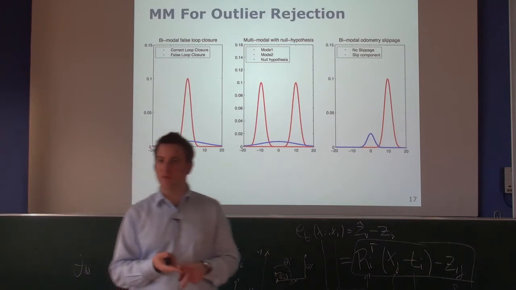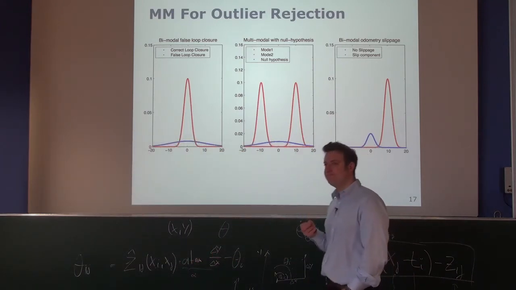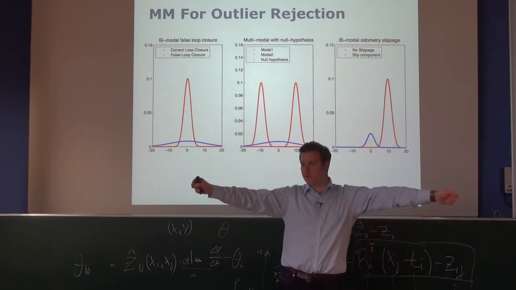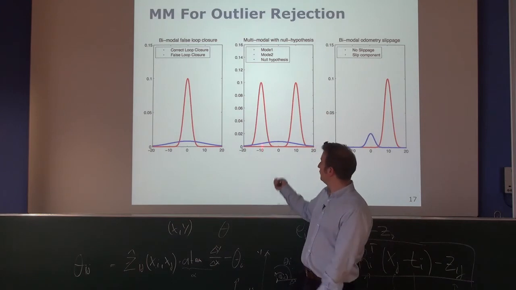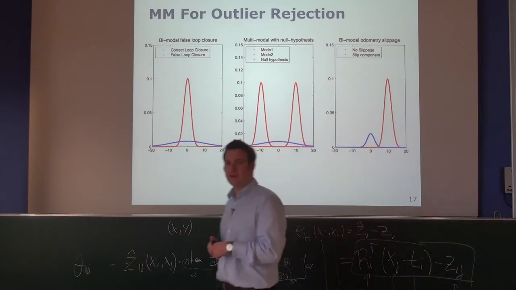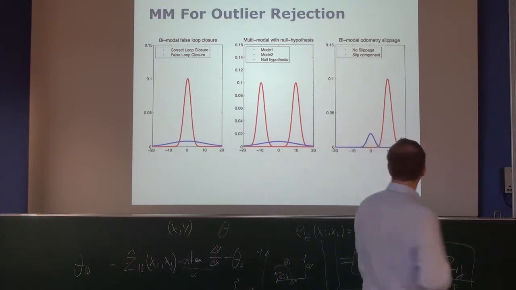Red is inlier, blue is outlier. You can also handle those cases where you say, I'm either here or somewhere else. So you have a bimodal distribution, mode 1, mode 2, or I have my blue curve, which is again the outlier. So I can still handle these multimodalities and deal with outliers.